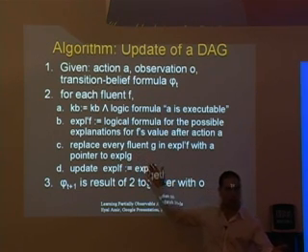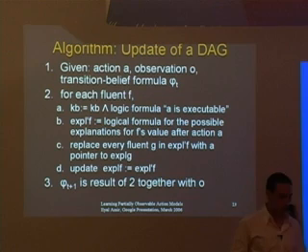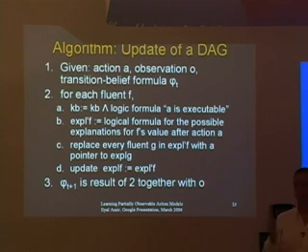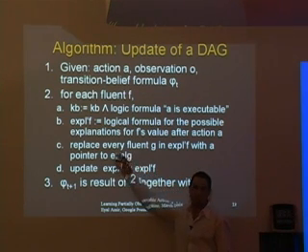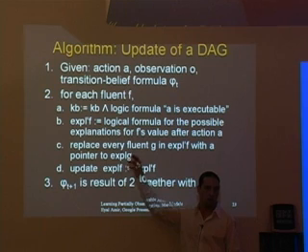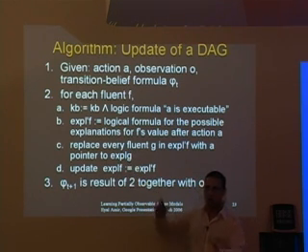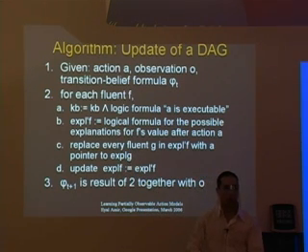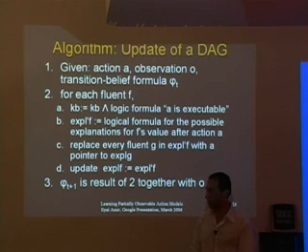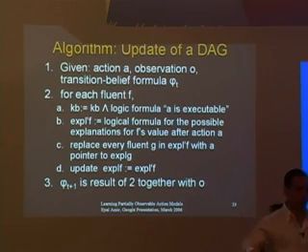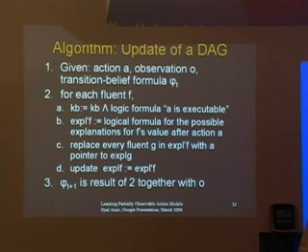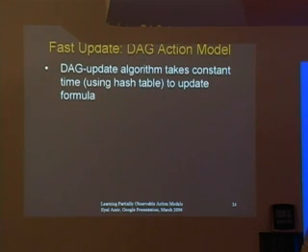But I'm not going to keep track of what was true in the previous time step, so I need to update that, and I'm just replacing it with this new explanation. I'm telling, OK, this precondition, if it was true, then it had an explanation, and I will link to that explanation. So this is my one-step update, and I will also then conjoin my formula with observations. So this is the algorithm.